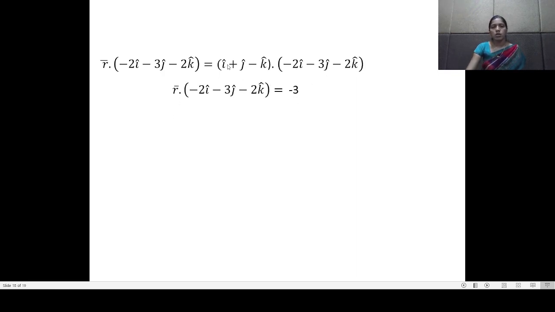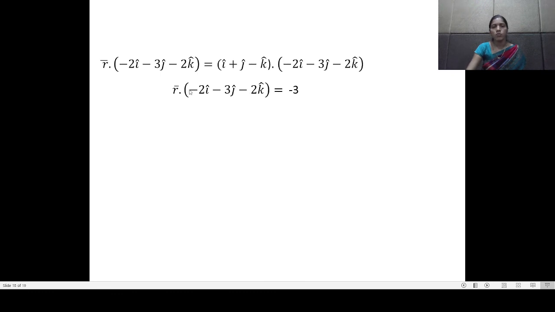Now taking the dot product of these two, we get minus 2 minus 3 plus 2. So minus 5 plus 2 is minus 3. So r bar dot (minus 2i cap minus 3j cap minus 2k cap) is equal to minus 3.